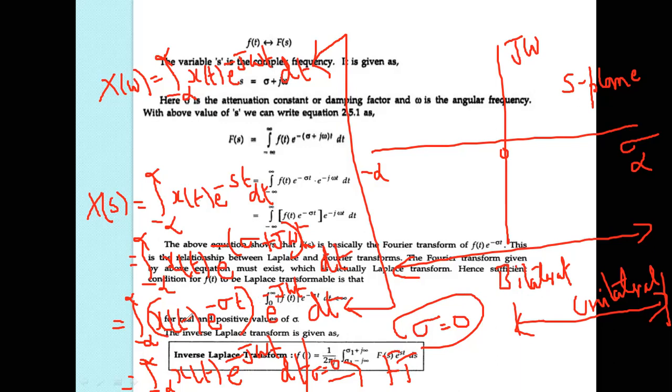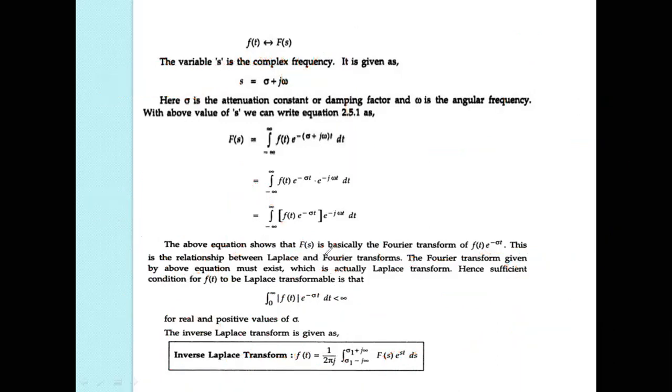Otherwise you can say x of t e power minus sigma t is a Fourier transformation only. So f of s is basically the Fourier transform of f of t e power minus sigma t. Assuming one signal x of t, the integral of x of t e power minus j omega t dt is nothing but x of omega.